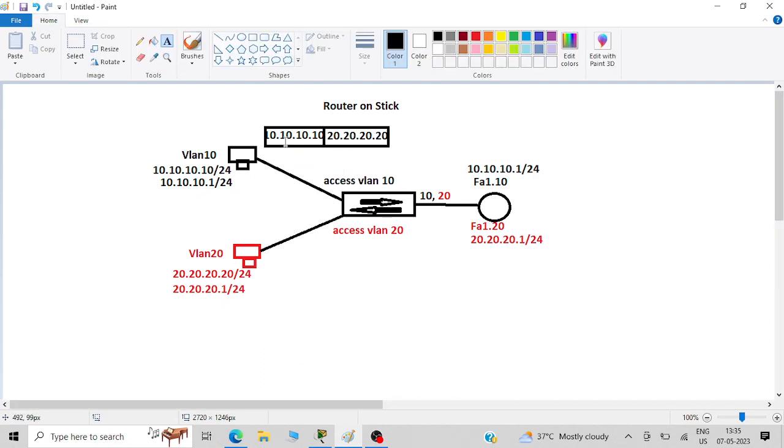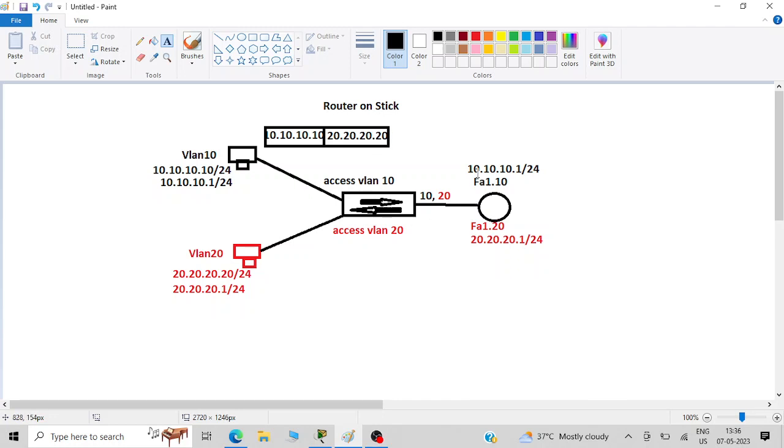As we know, if a host wants to talk to another host in another network, we need to specify the gateway on the host. So the traffic will go to its gateway, and then the gateway will do the routing lookup. This router will do the routing lookup for the destination IP, which is 20.20.20.20.